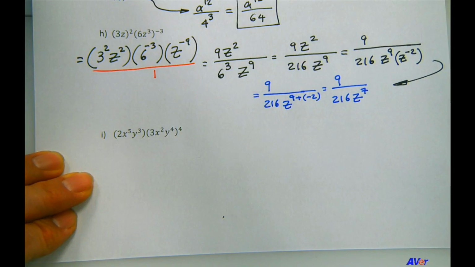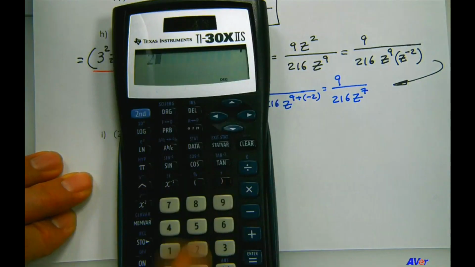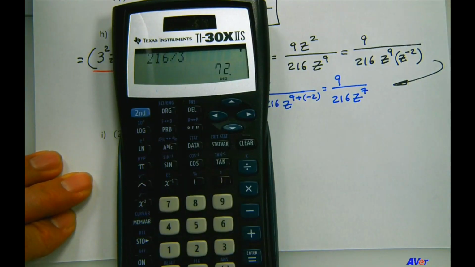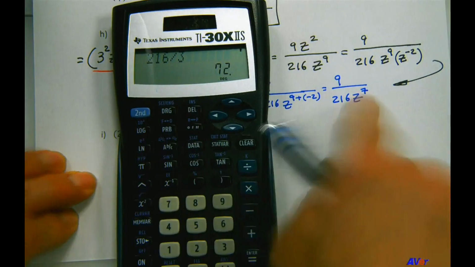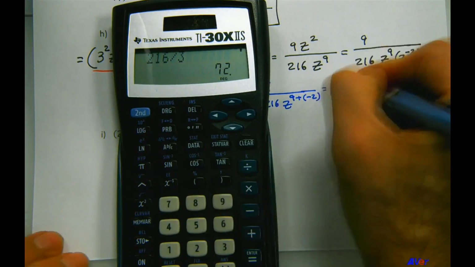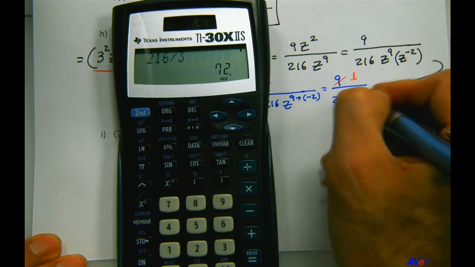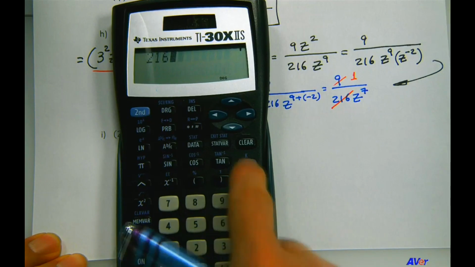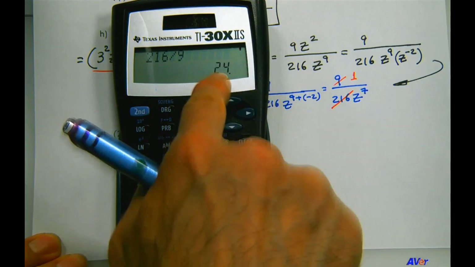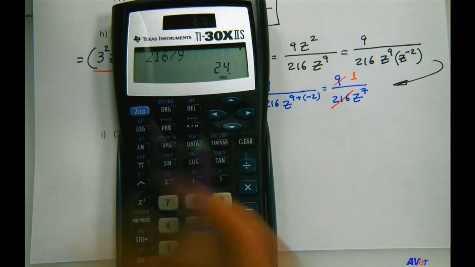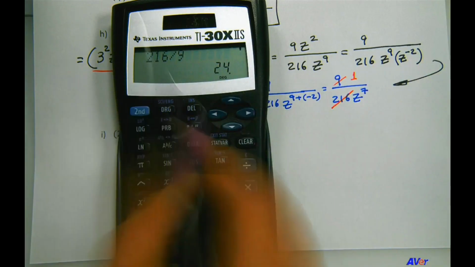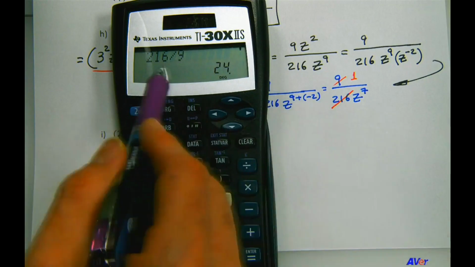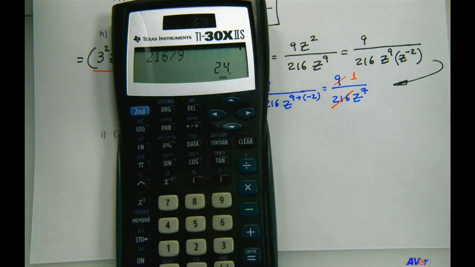Do 9 and 216 have any factors in common? Let's see. 216 divided by 3. Oh, they do. 72. Right? So we can simplify. 9 turns into 1 and 216 becomes 24, because I just figured out that 216 had a factor of 3, so I figured that 9 would also be a factor, and that guess turned out to be correct.